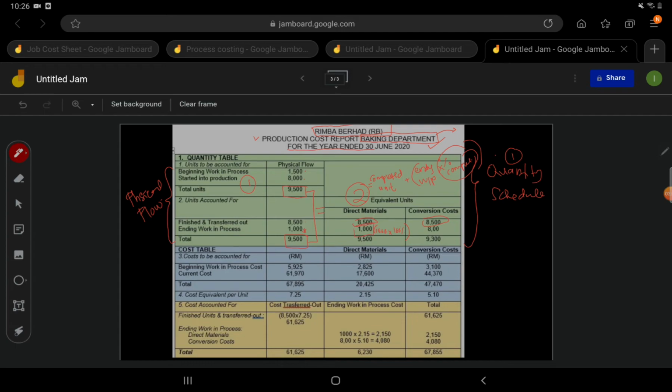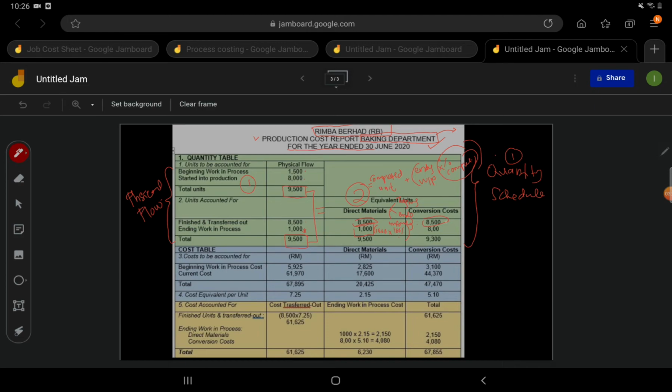For direct material, the completed percentage, okay, the direct material can be added at the beginning, ending, or uniformly. Okay, if beginning 100%, ending 0%, and uniformly.